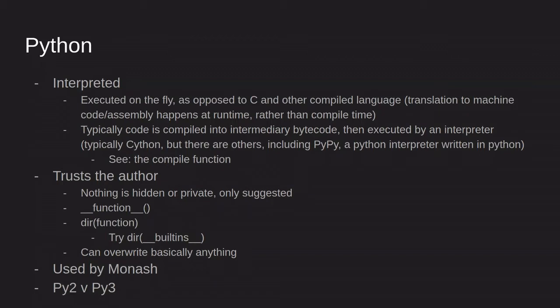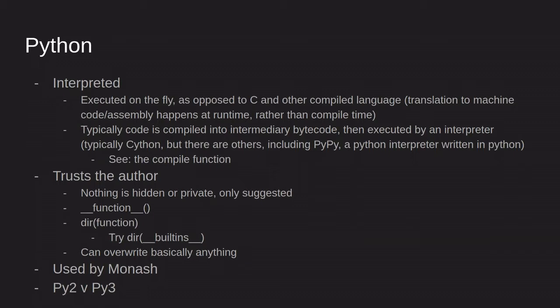One of the big things that's really important to be aware of with Python is that it trusts the author as a matter of philosophy and principle. That means, as opposed to languages like Java, where classes can have hidden or private variables and methods that hide away internal behavior, Python says, knock yourself out. You're the user, do what you want.